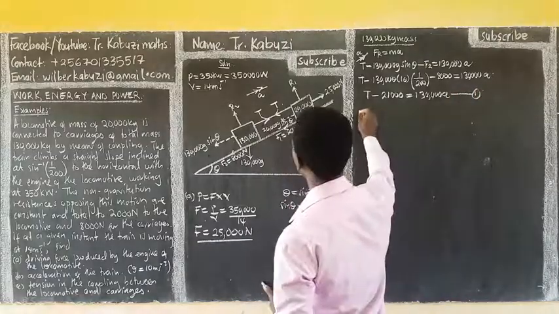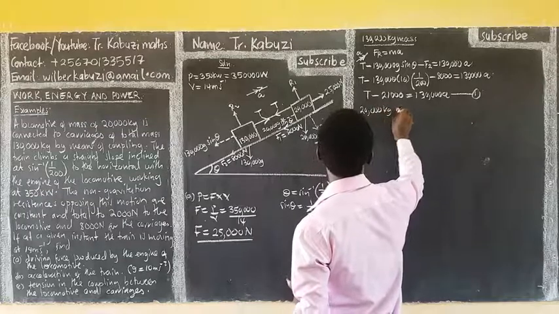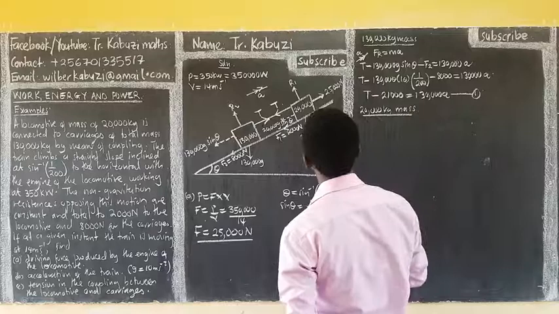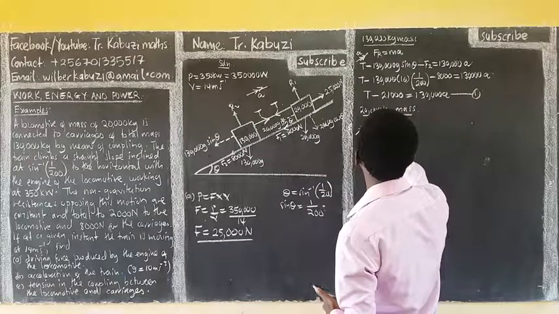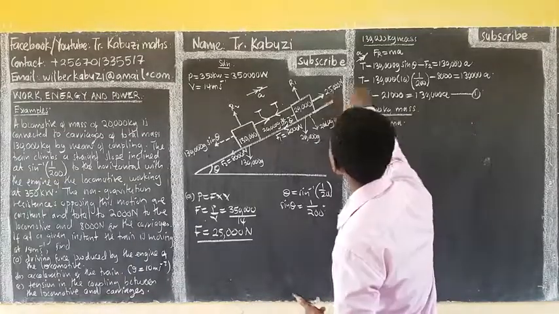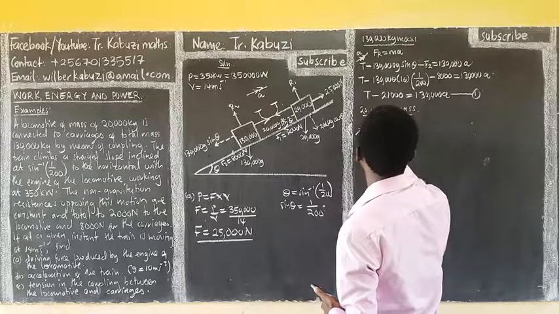Then when I come to the 20,000 kilogram mass, still we are in that direction of the acceleration. Our resultant is going to be equal to m a. What's pulling us in this direction is the 25,000 force.